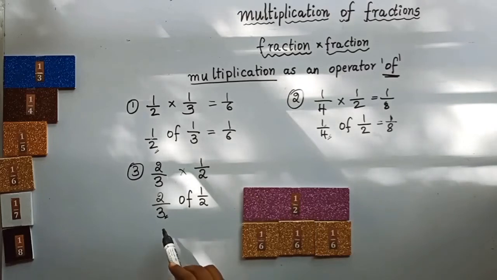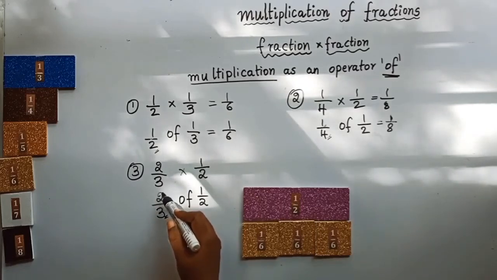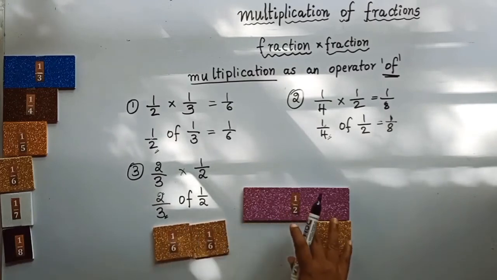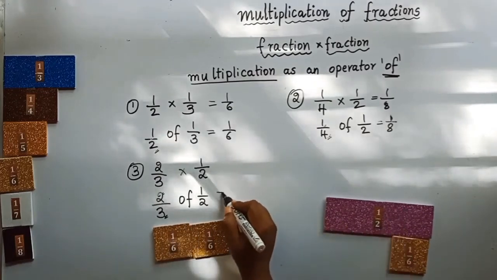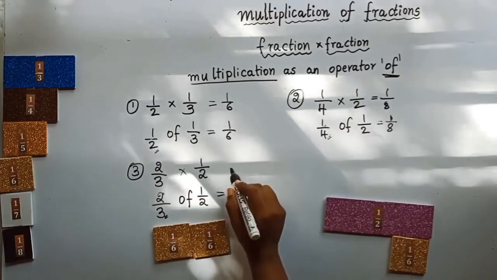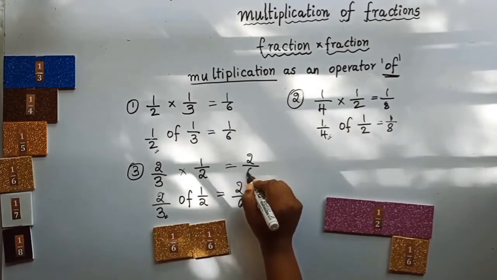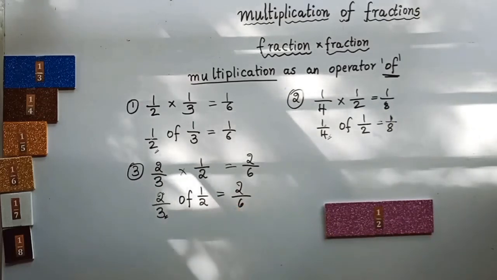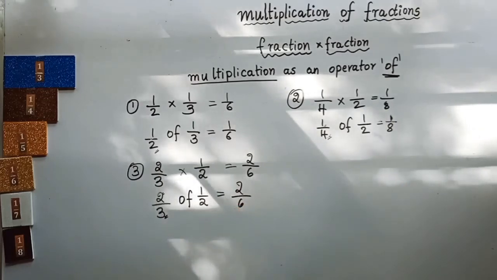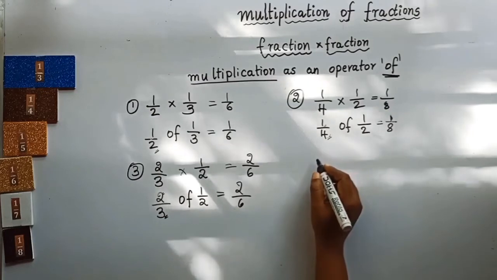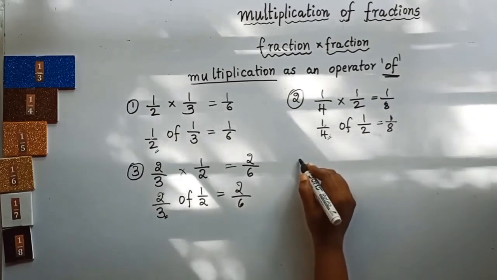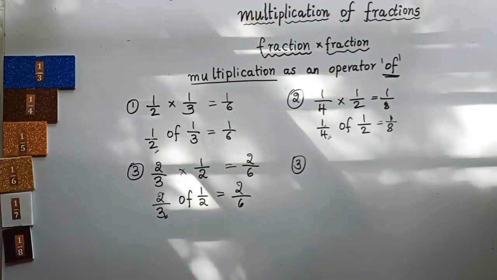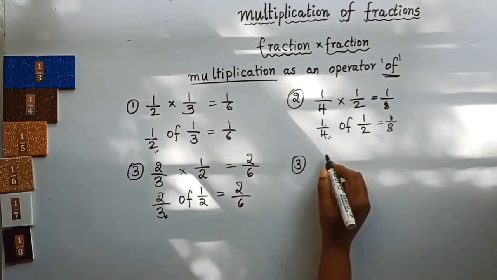Then we have to take how many parts? 2 parts. This is represented as 2 by 6. So 2 by 3 into 1 by 2 is 2 by 6. We can simplify 2 by 6. 2 1s are 2, 2 3s are 6, that is equal to 1 by 3.